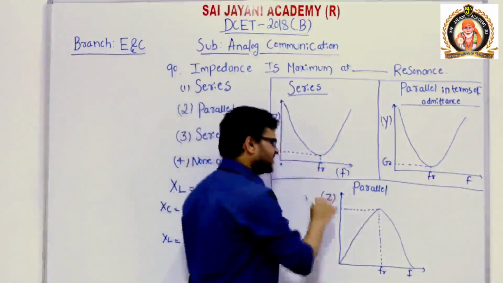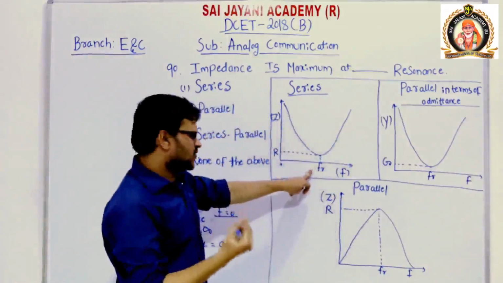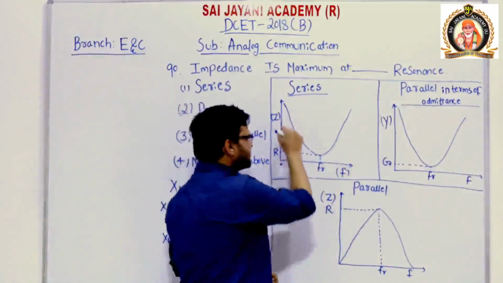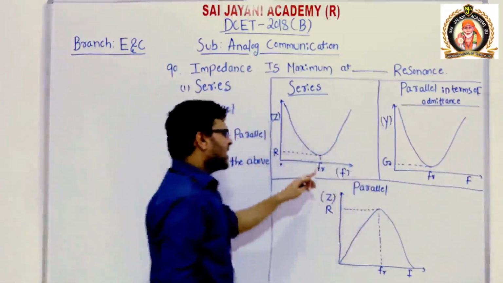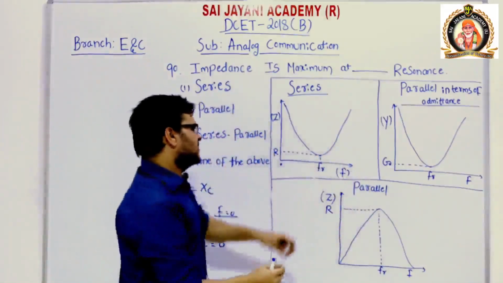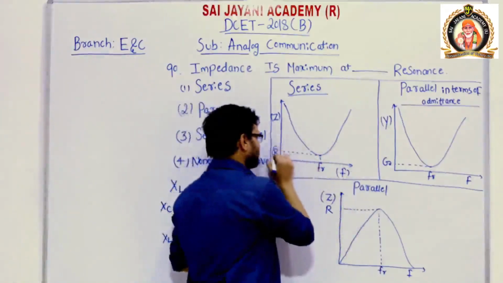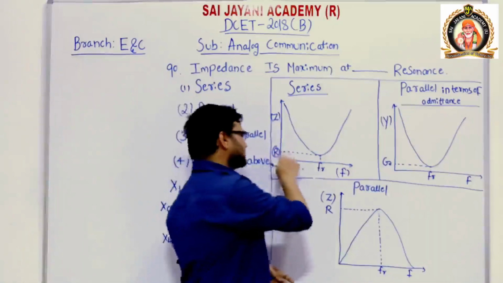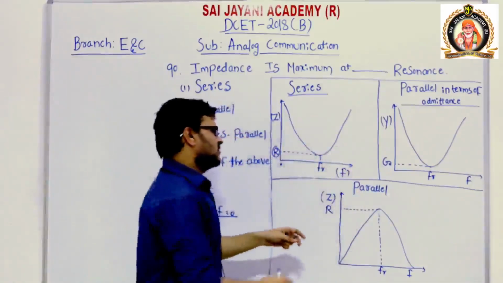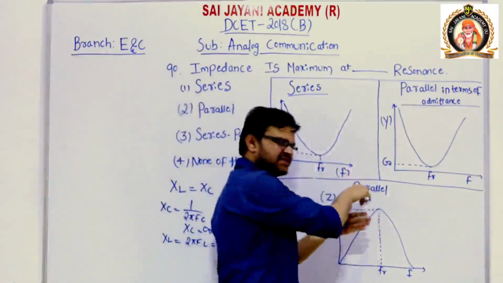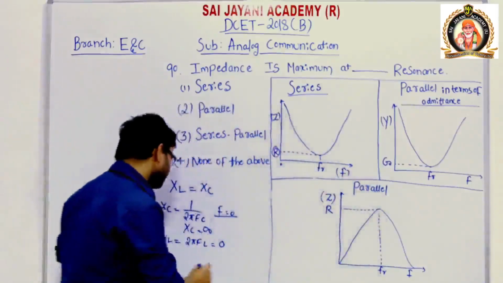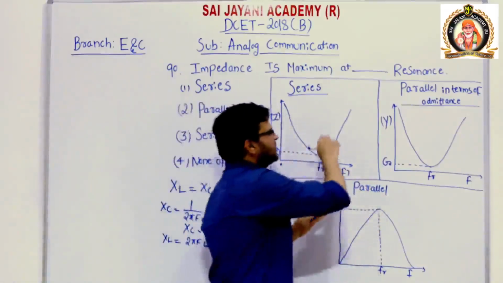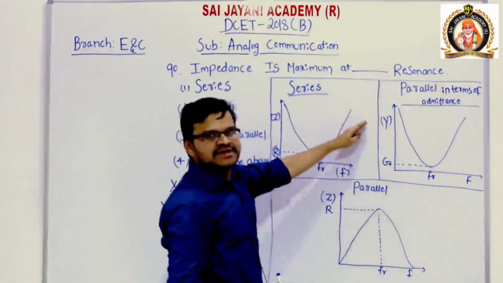At FR, that is at some particular frequency, the impedance becomes minimum. At that frequency the circuit behaves as a pure resistive circuit. If we further increase the frequency, then the circuit behaves as an inductive circuit.